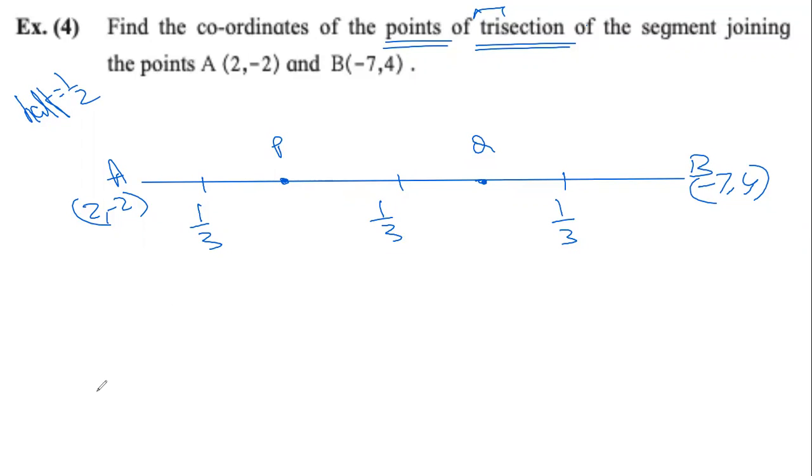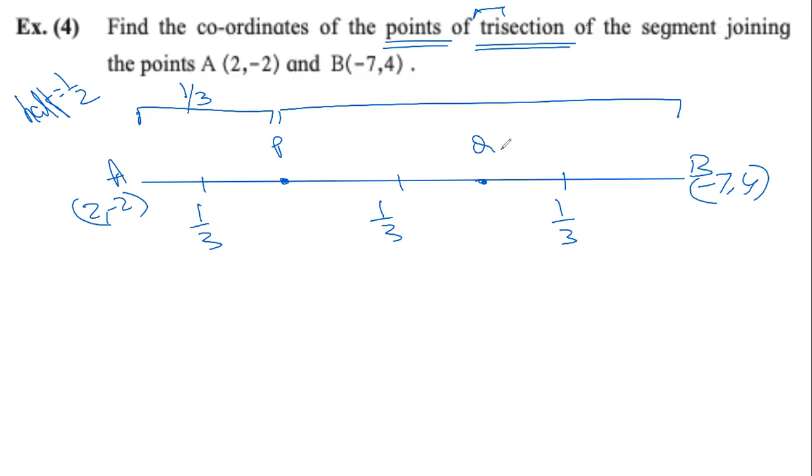So instead of trying to find P and Q with respect to AB and getting confused, let us simplify what is happening. Let us use the section formula to understand where P is, what it is doing to AB, and where Q is, what it is doing to AB. First let us look at AP, this part, and then compare it with this part. We have already said that this is 1 by 3.